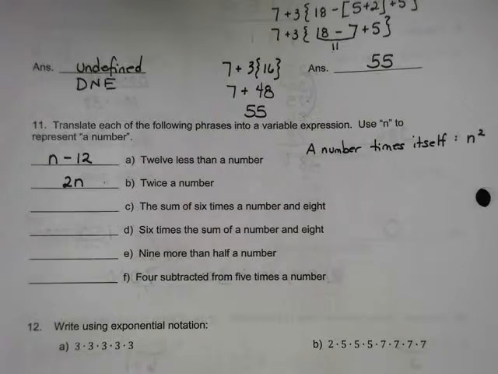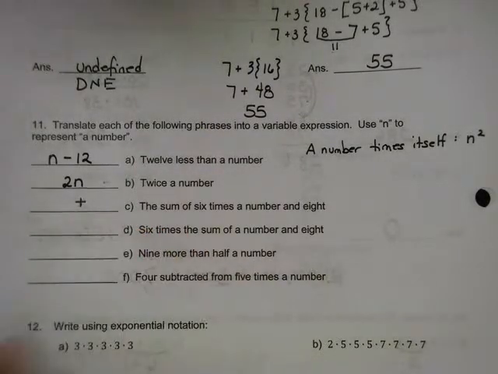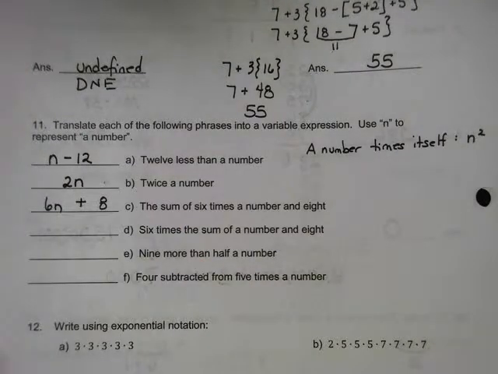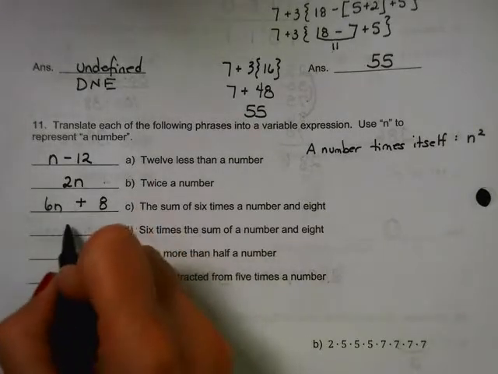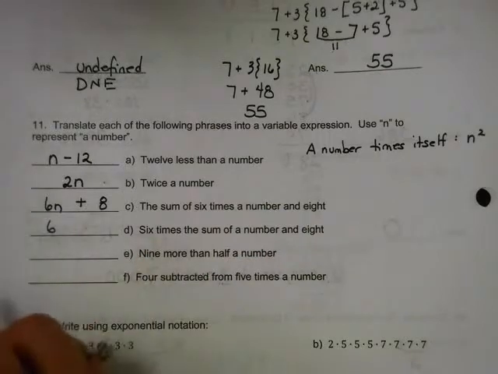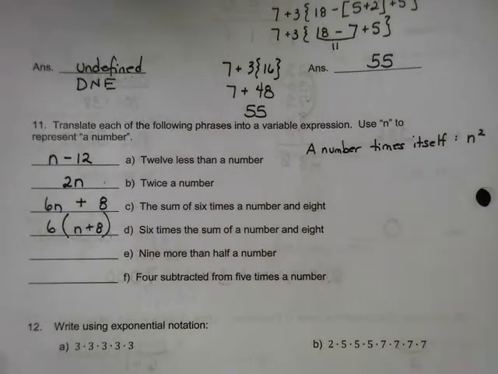Everyone see the difference? Okay, the sum of, so I'm going to add something together, 6 times a number and 8. Okay, 6 times, so I'm going to be multiplying something. So what am I going to be multiplying 6 times? Oh, it's going to be a sum of a number and 8. There's a difference between those two.